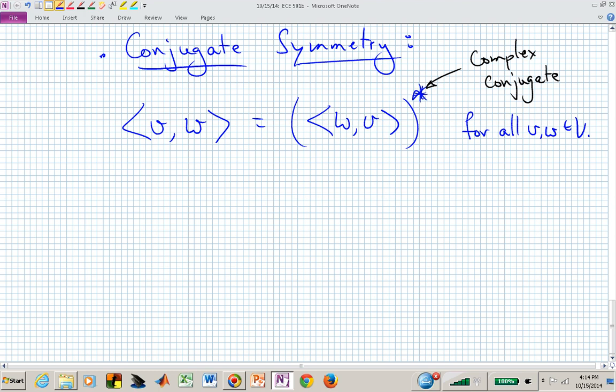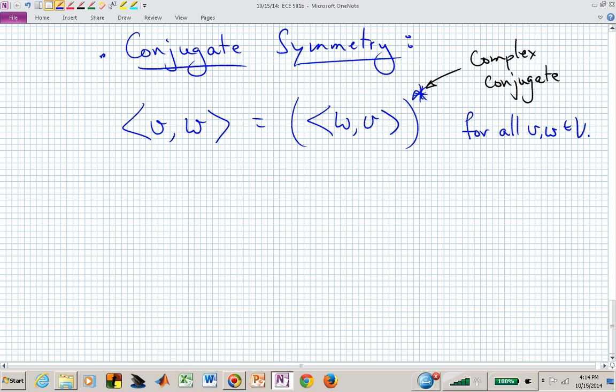So now we're assuming that for this conjugate symmetry, if we need a conjugate, then we have it. If our field of numbers that we're playing on doesn't have this conjugate, as for the reals, this simplifies. If we had another field, you would have to see if it makes sense on that field if a complex conjugate exists.